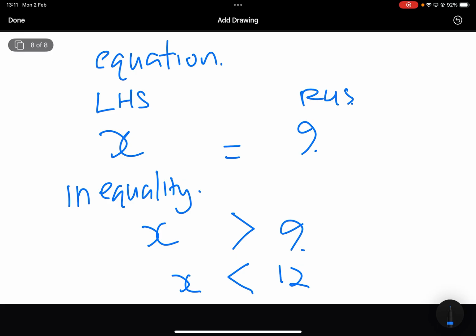So in English, we always read from the left to the right. So this one, we read it as x larger than 9. This second line, we read it as x smaller than 12. It means that my x must be smaller than 12 because of the inequality sign. Okay? So actually, inequality is like that only. If you understand this, then later we see how we deal with the questions. Okay? Can? Okay, then let us look at your workbook.